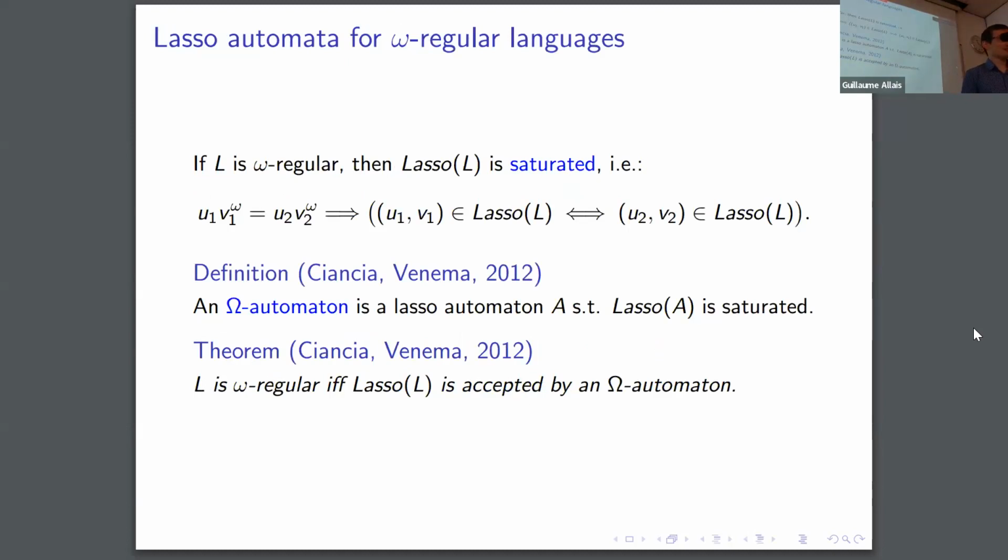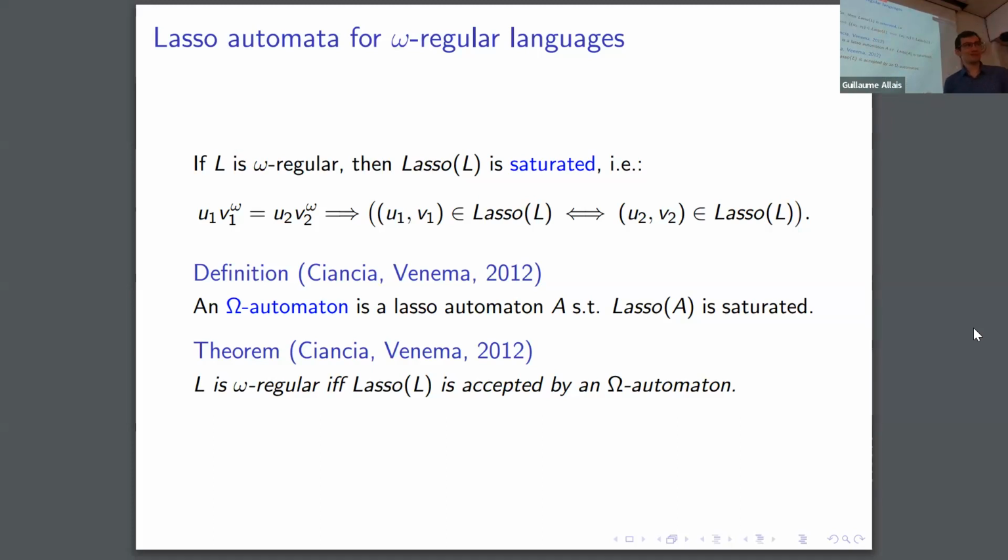Maybe we got a bit distracted, because what we actually wanted to do is to build an automaton that recognizes the lasso language of L for some omega regular L. But is it really the case that lasso automata always recognize the lasso language of an omega regular language?